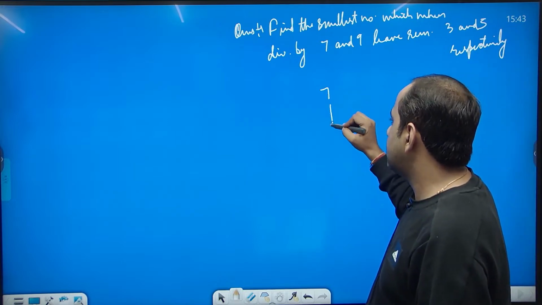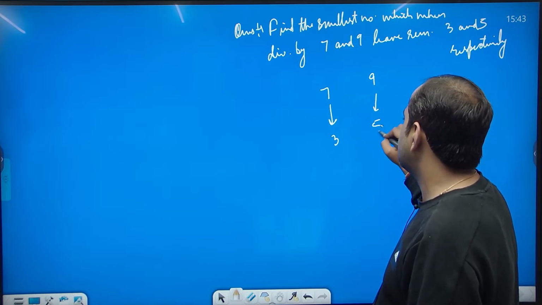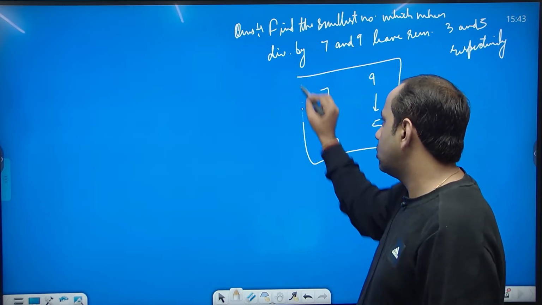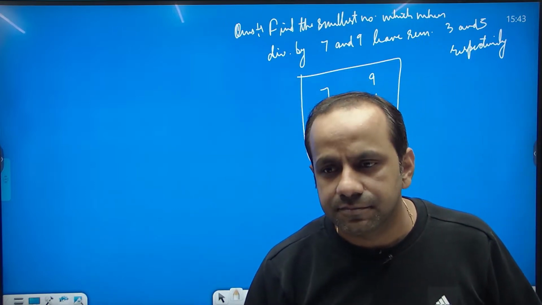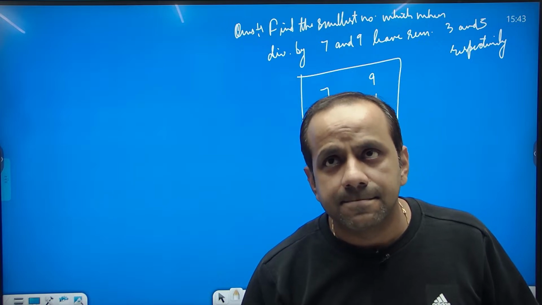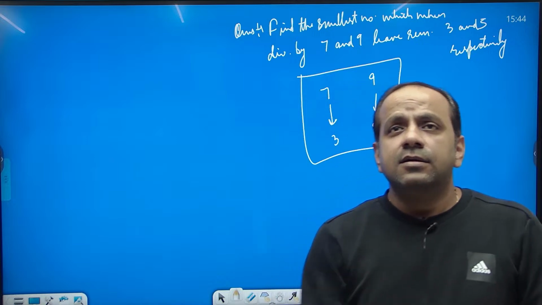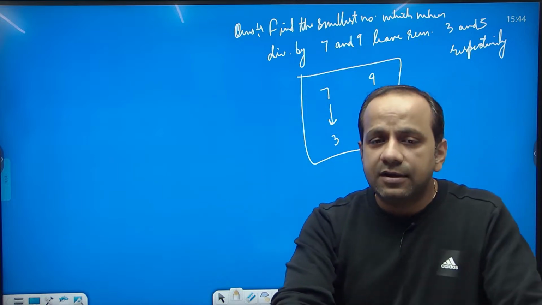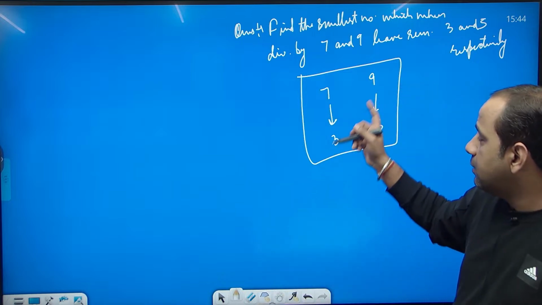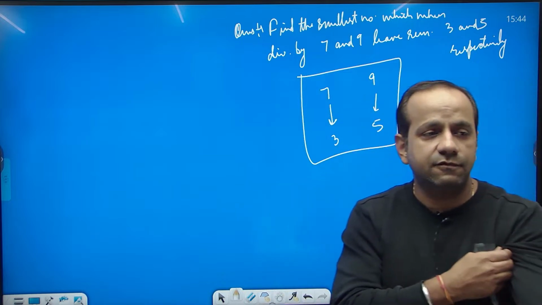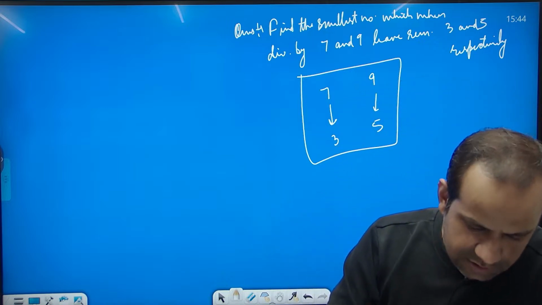When a number is divided by 7, you are getting remainder 3. If it is divided by 9, you are getting remainder 5. You have to find the smallest number which is satisfying this condition. Question is clear? Think over it. I'm giving you 1 minute and we'll discuss it.